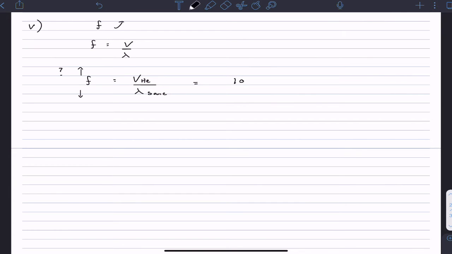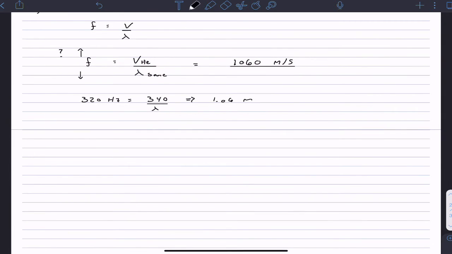So the speed of sound in helium is 1,060 meters per second. So for our resonant frequency, 320 hertz, we had a speed of sound at 340 in air over lambda. This means that lambda is 1.06 meters.